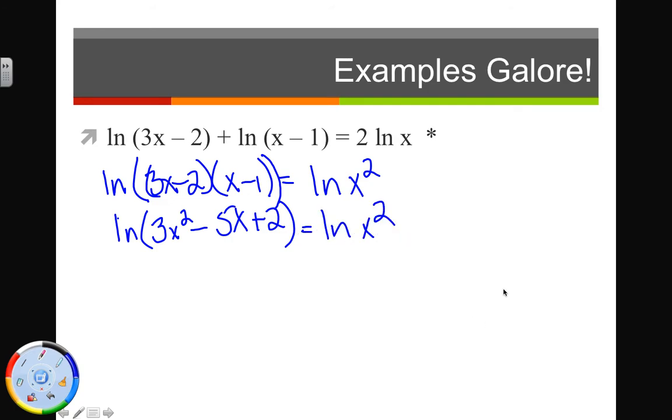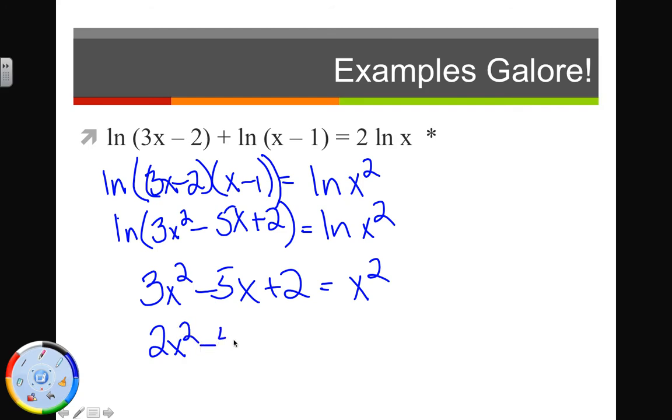Well, in this particular case, since I have the natural log of something equals the natural log of something else, that means those somethings have to be equal, which means I'm just going to get 3x squared minus 5x plus 2 equals x squared. So I'm going to subtract x squared from both sides. I get 2x squared minus 5x plus 2 equals 0.